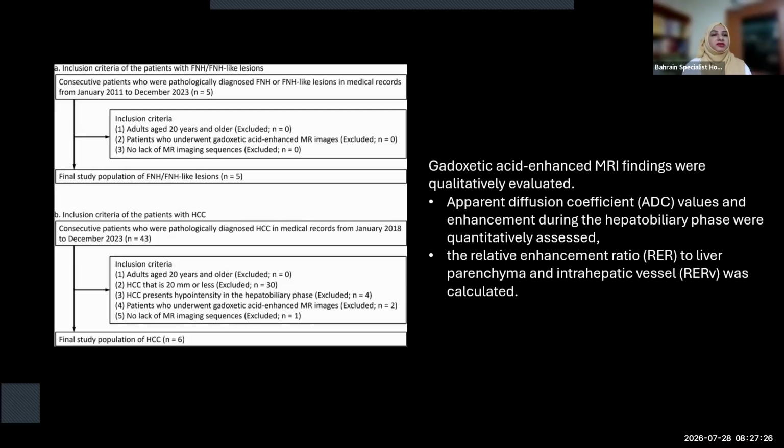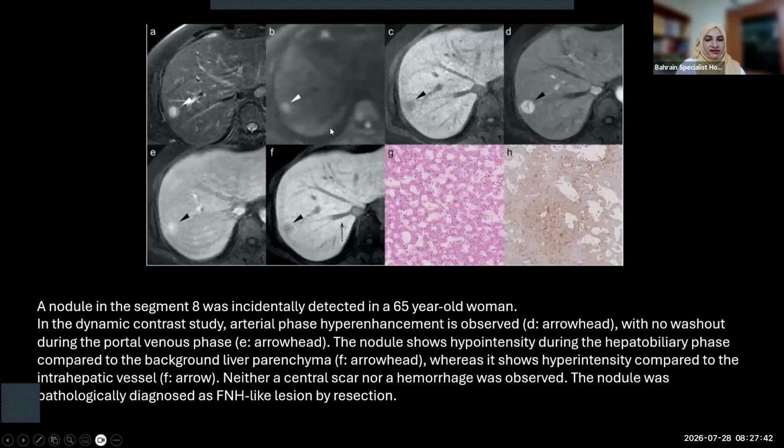They shared similar imaging features, and then they retrospectively tried to see any difference between these two entities. They were all biopsy proven FNH or HCC, but initially on imaging, they were reported as HCC. So this is one of the lesions which was reported as HCC initially because of its enhancement pattern.